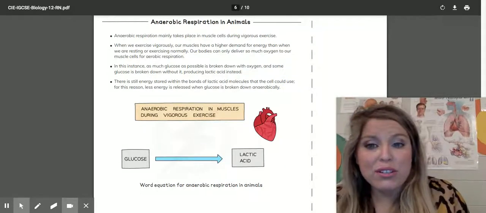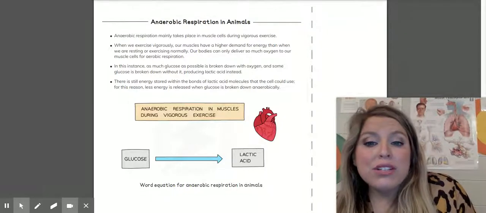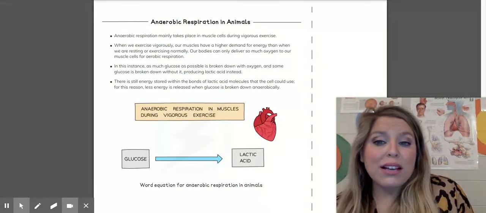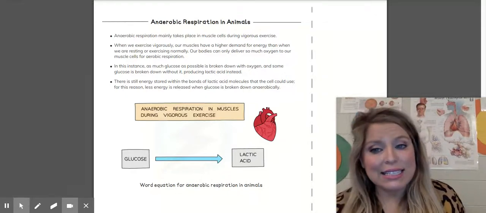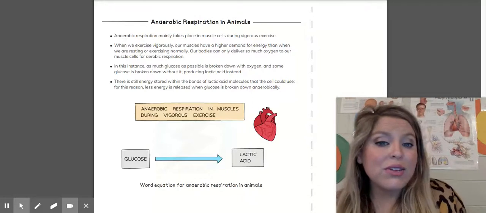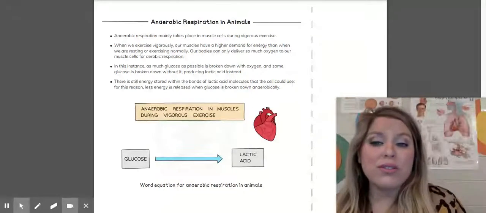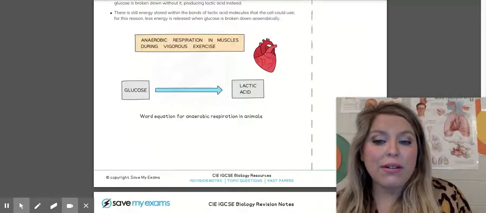So our body must use anaerobic respiration. Now, as much glucose as possible is broken down with oxygen, and some glucose is broken down without it, producing lactic acid instead. There's still energy stored within the bonds of the lactic acid molecules that the cell could use, and for this reason, less energy is released when glucose is broken down anaerobically.